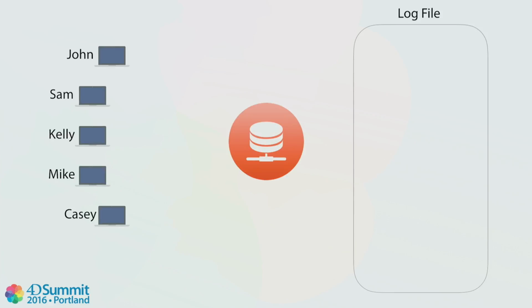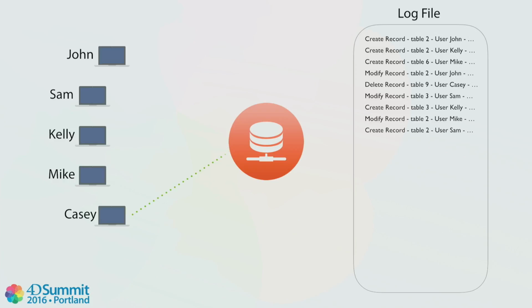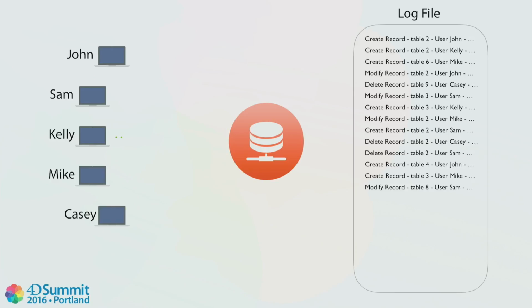Now, I want to quickly go over some of the basic stuff that happens when you perform any kind of database operation. For example, you have different terminals connecting to your 4D Server. Any one of these operations, whether it's creation, modification, or deletion, gets logged into your log file. And they get logged in a way that you can traverse back and find out what happened.